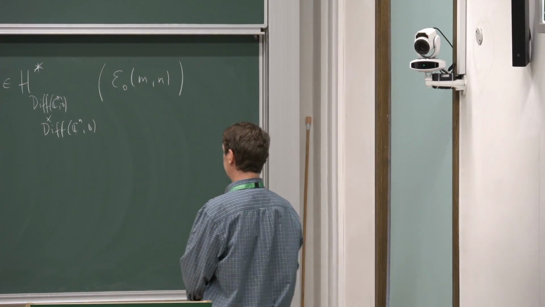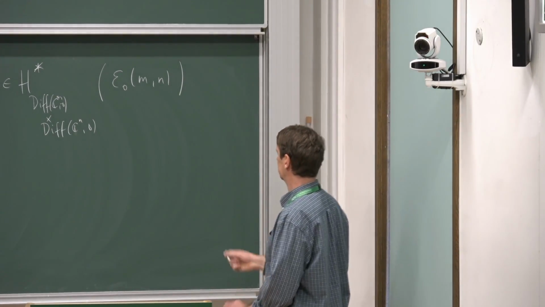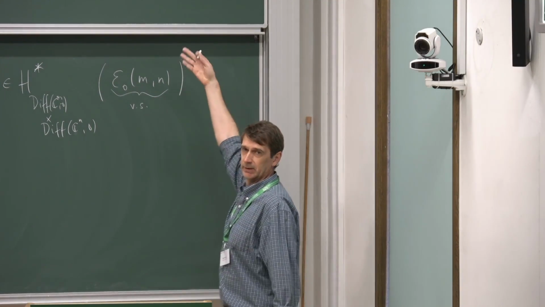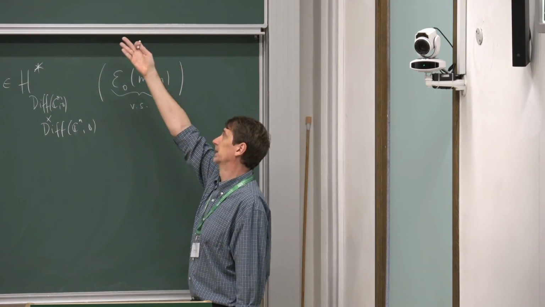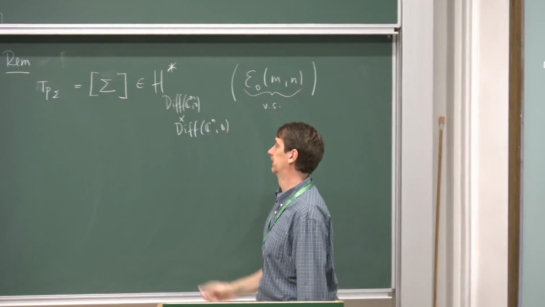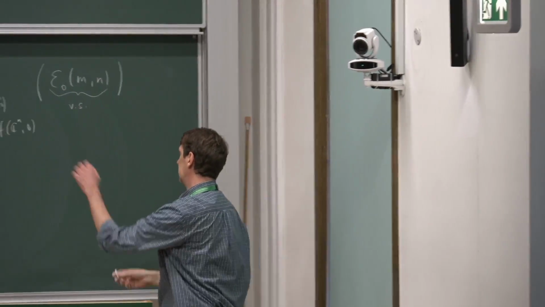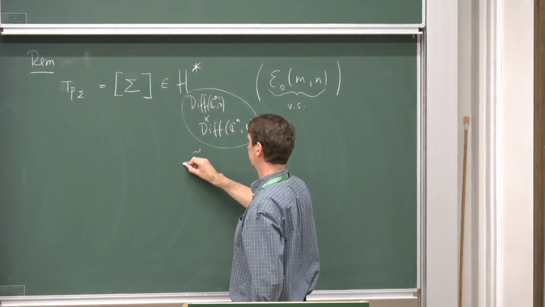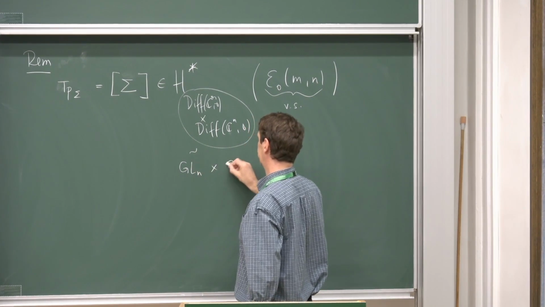Okay, so first of all, let's discuss what's written here. This is a vector space, even if infinite dimensional, or as always, I will really just think of a finite dimensional approximation. In a precise mathematical sense, this group is homotopy equivalent to GLn cross GLm.